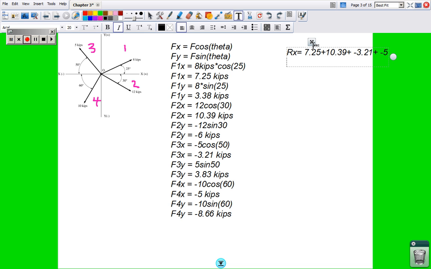Alright, and so when I add those up in my calculator, I get 9.43 kips.